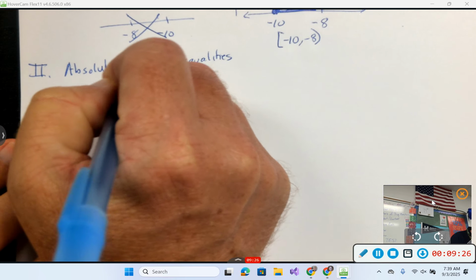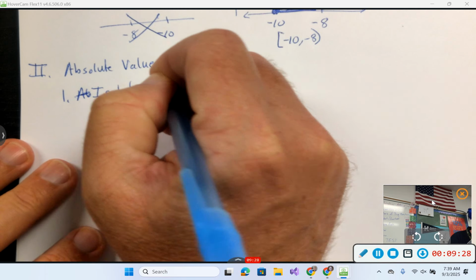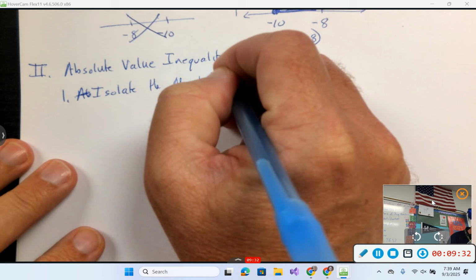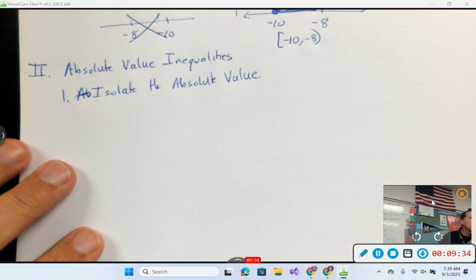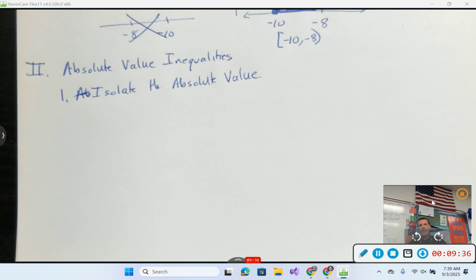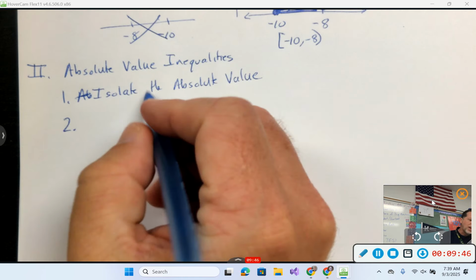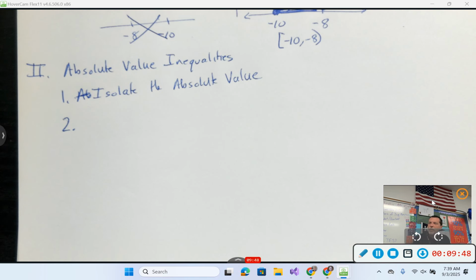So we want to isolate the absolute value. I think we used a pink box. Like get the pink box by itself. Isolate the absolute value. So that matches. That's how we handle absolute value equations. Get the absolute value thing by itself.